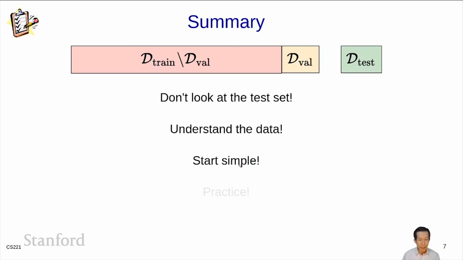Start simple. And finally, there are a lot of design decisions which can be overwhelming at first. The most important thing is to practice experimentation so that you can start developing an intuition of which hyperparameters matter and what kind of effect they have. And then eventually develop a set of best practices for yourself. Okay, that's all.